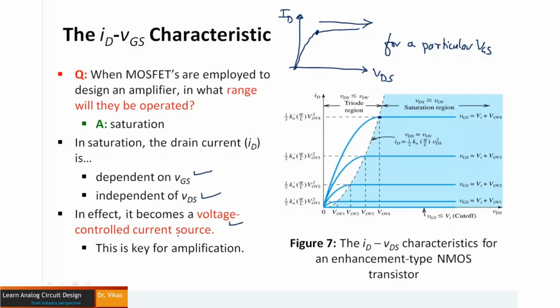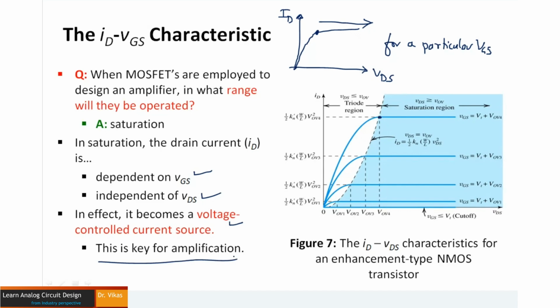And how do I say that? Because current is constant in this region, and it is controlled by which particular voltage? VGS. Hence this MOSFET behaves as a voltage controlled current source, and this is basically the key for the amplification process.